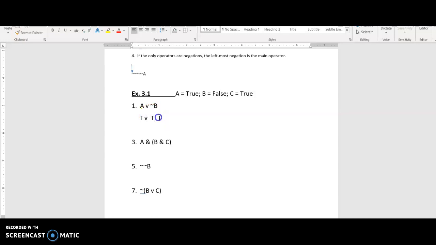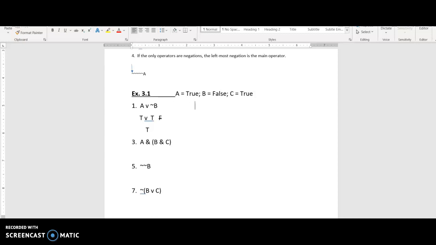So then this false goes away, and we've got true or true, and we know from the truth table for the disjunction that if you have both disjuncts true, the whole thing comes out true.